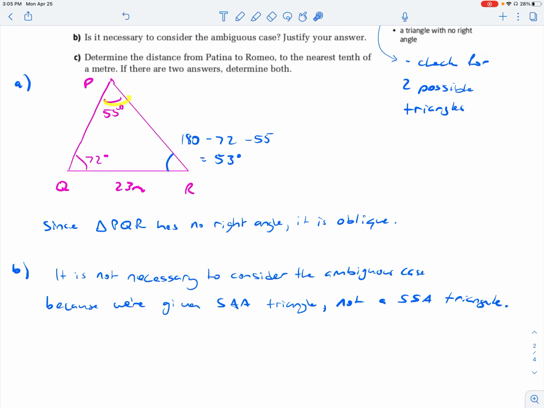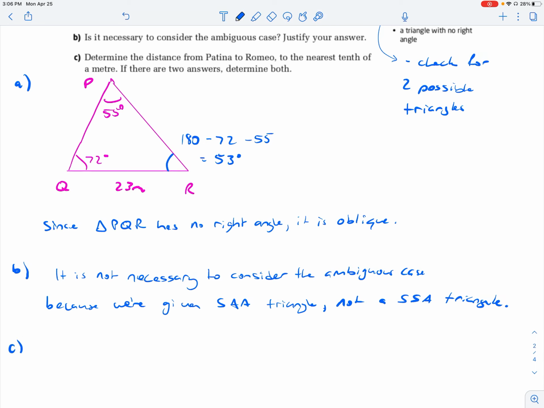In fact, when two angles are fixed, the third one's also fixed, and we're given this side length. So there's no way we can draw something else. I can't make this side bigger because that would end up changing the angles in here. So you can even tell just by looking at it that there's only one possible triangle.